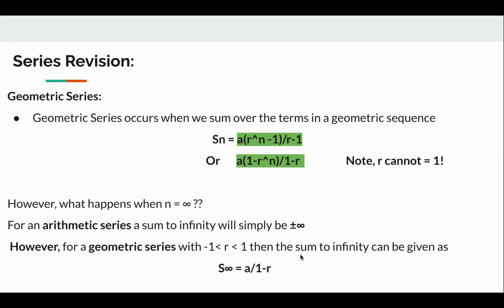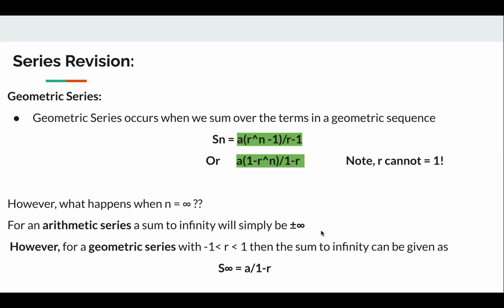And the value of those terms, our series to infinity, is a over 1 minus r. They love asking about geometric series to infinity. So just remember to memorize this formula, guys. a over 1 minus r. I think it's a nice formula to remember because it doesn't include as many components as the other two formulas.